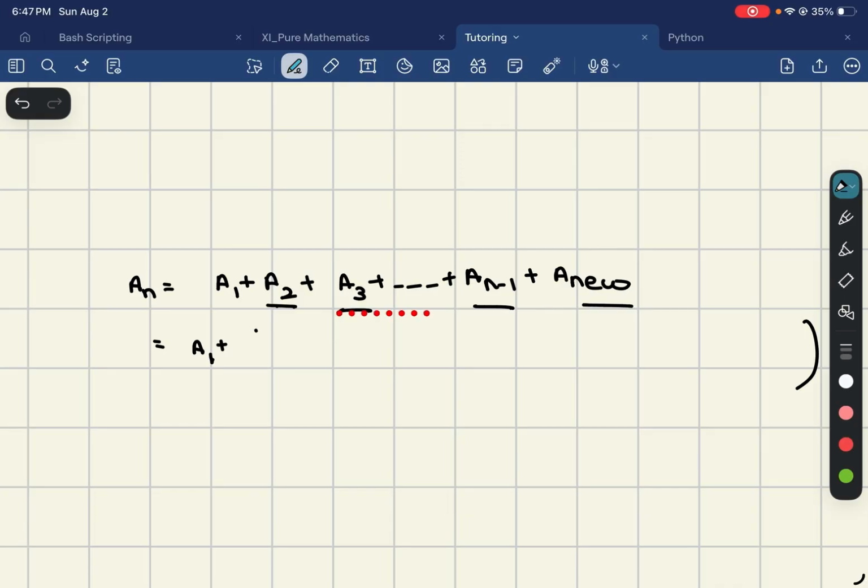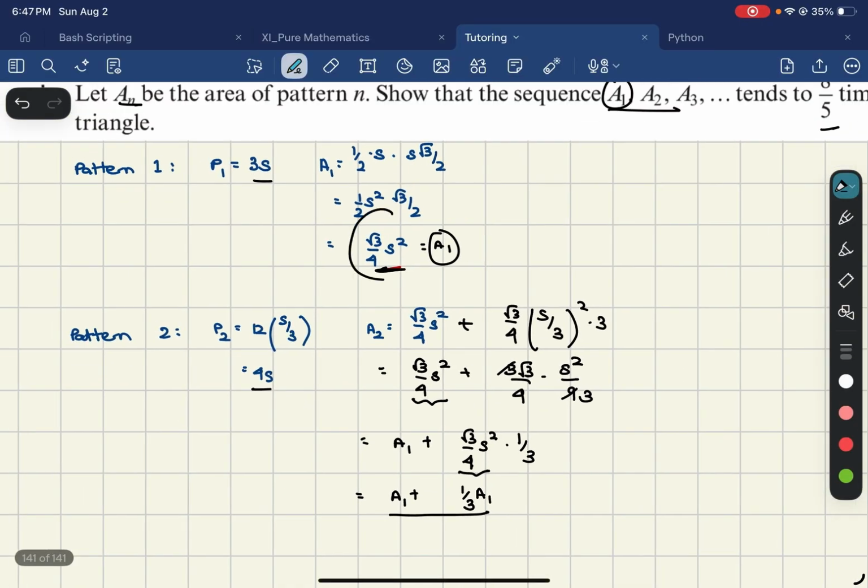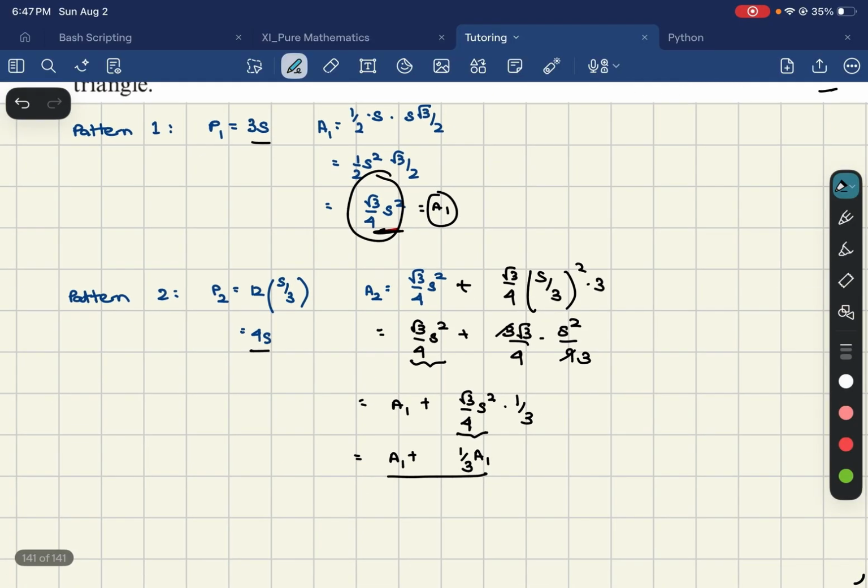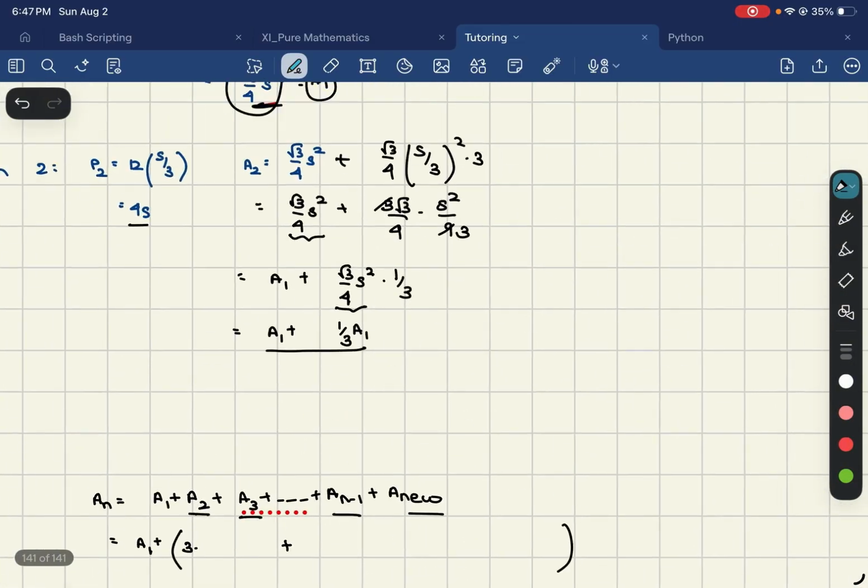So A1 plus A2 was just, we had 3 new triangles. So what is going to be the area of each new triangle? Well, it's going to be given by this expression that we discussed previously. So let me calculate it here.